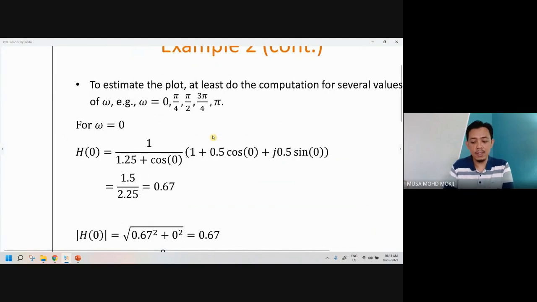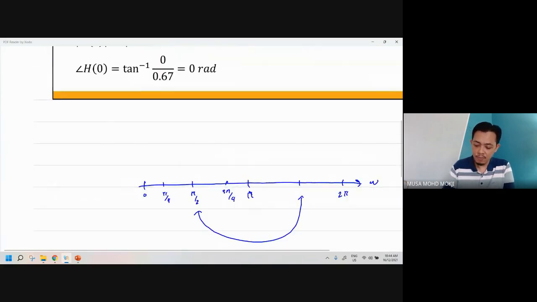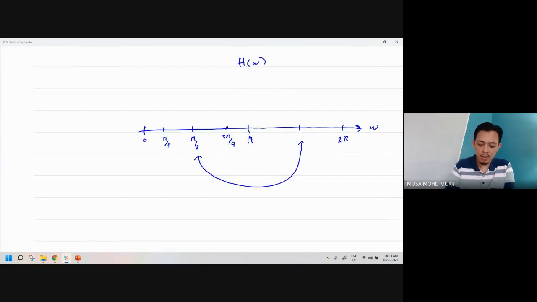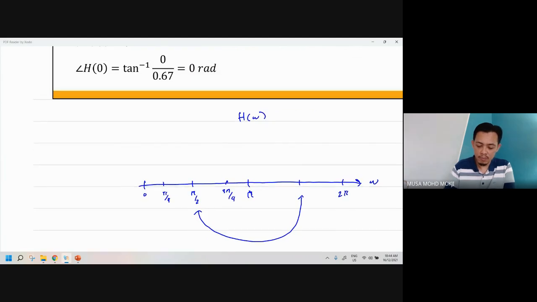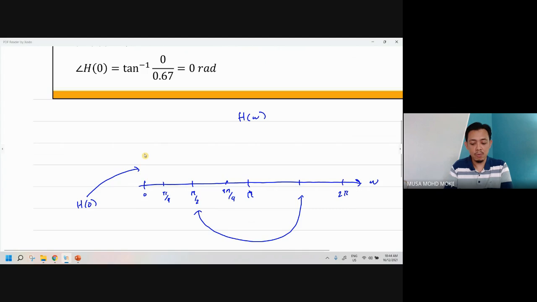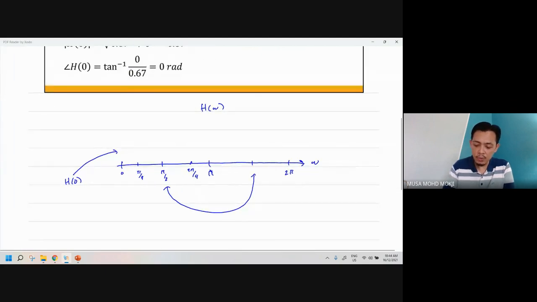The easiest one is to find H(0). This is H(ω), this point. We're going to find H(0). What will be the y-axis? This is what we are trying to find out. Actually we are doing two things.